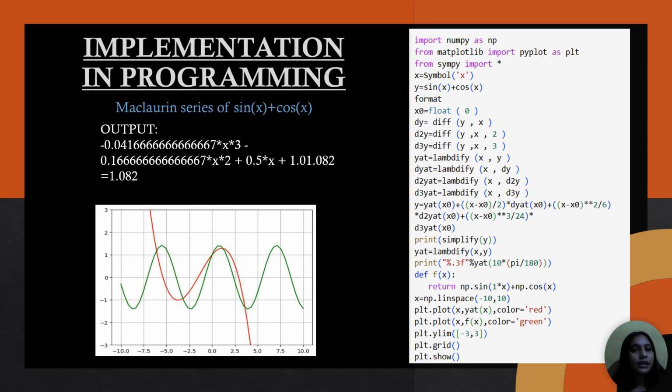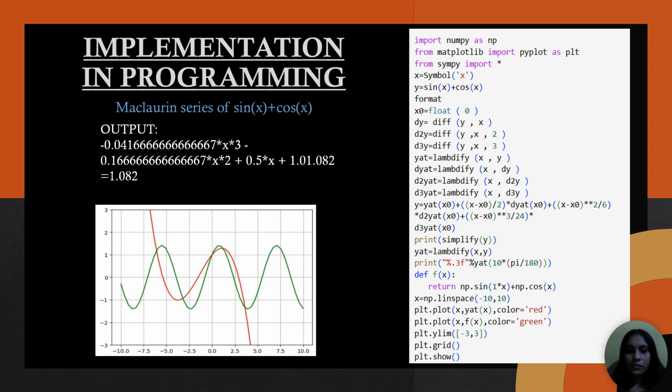Then we have set the initial condition of x equal to float 0, which is the point at which the Maclaurin series is calculated. Then we have differentiated the terms: dy is the derivative with respect to x, and then we differentiate again. The first, second and third derivatives are calculated using differentiation.